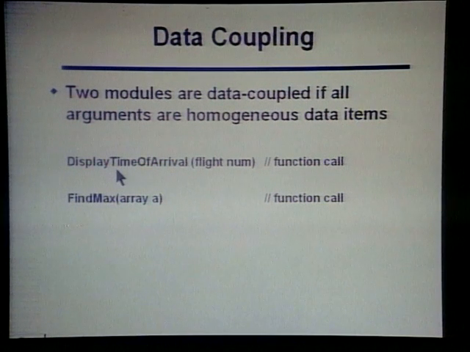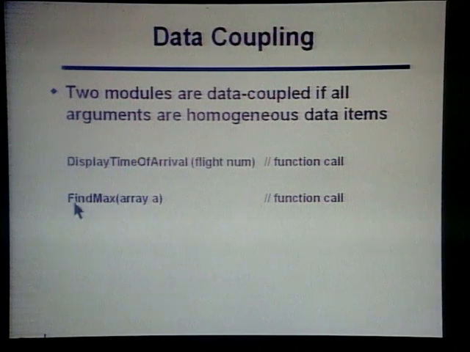You see the calling module is passing only a simple data item, flight number, which might be an integer, a non-decomposable data type. The second module displays the time of arrival of that flight number. No extra data is passed, and all the data passed by the calling module is used by the second function. The second example could be a module B, which finds the maximum number in an array.